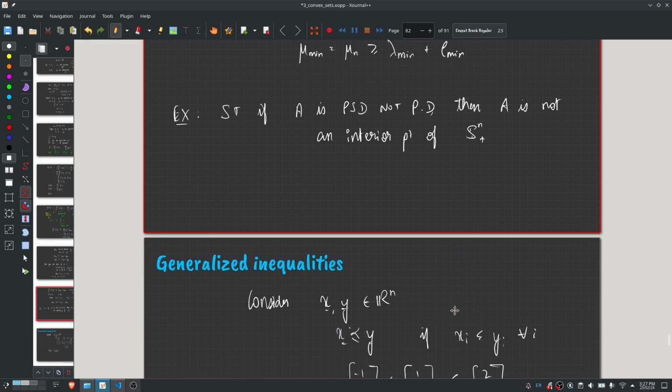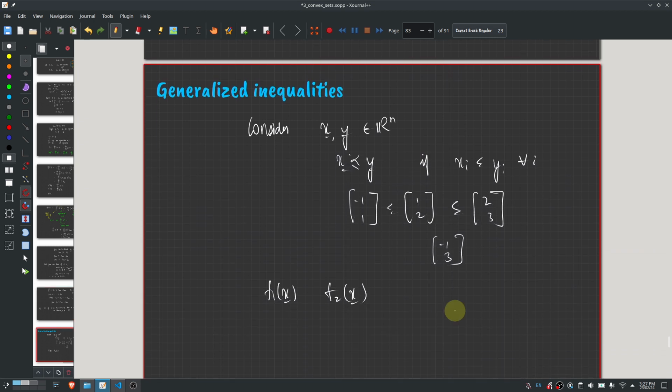Okay, now what was our motivation for studying proper cones? It was to define these so-called generalized inequalities. And one example of a generalized inequality, as we saw, was component-wise inequality for vectors. So you take any two vectors in R^n, we say that vector 1 is less than or equal to vector 2 if every component of vector 1 is less than or equal to every component of vector 2.